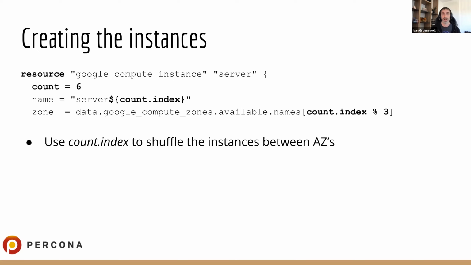And so we can use this by putting it through the modulo operator to split our instances between, for example, 3 availability zones that have capacity, okay? This is how it works. So again, this will give us the instances split for high availability within zones.